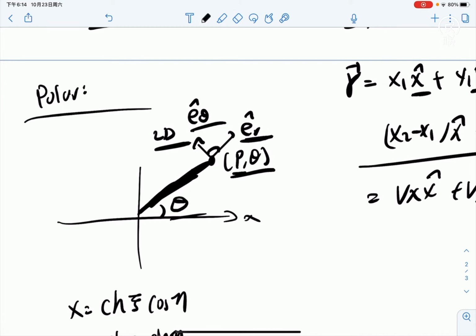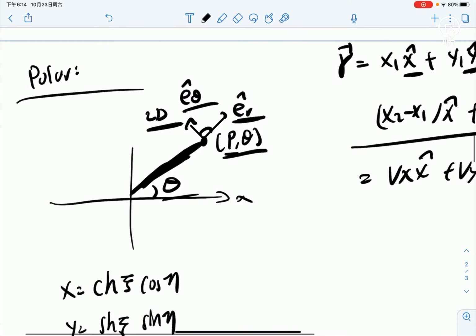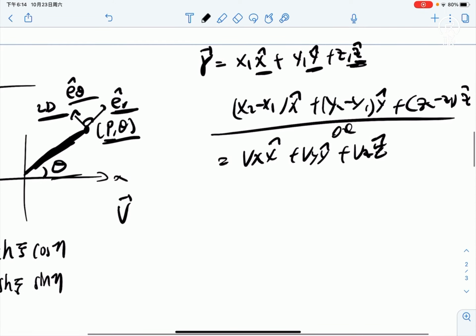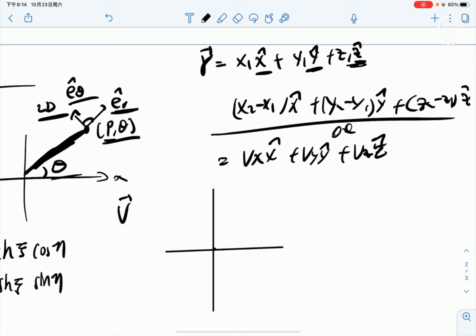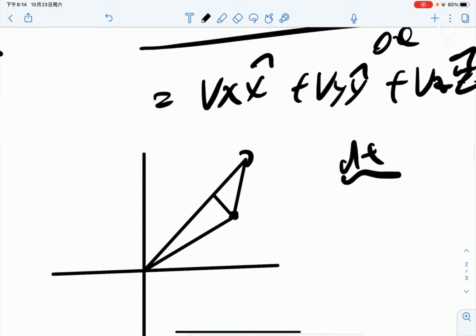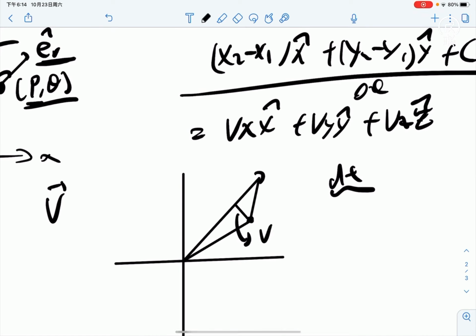And if we want to find the velocity using polar coordinates, let me draw the graph over here. It changes from here to here in a very short time dt. And this one is in the direction of theta, basically r d theta.